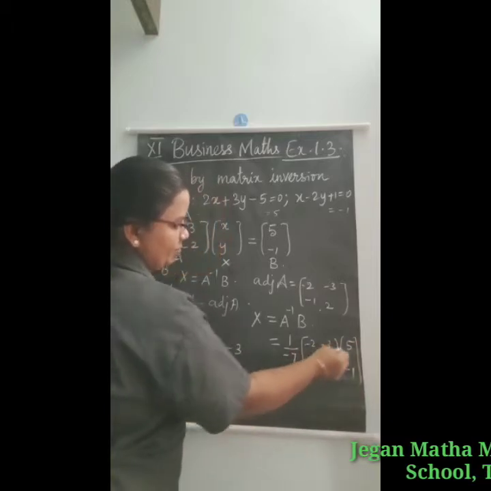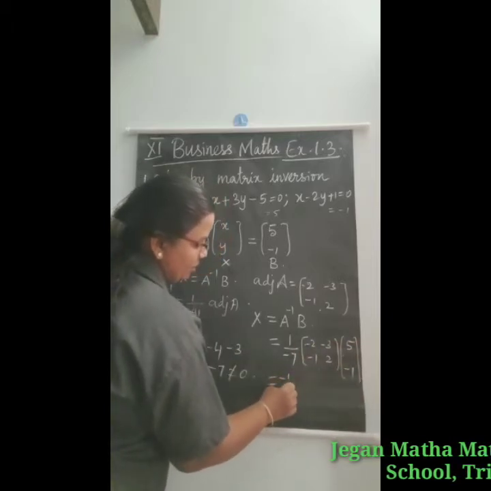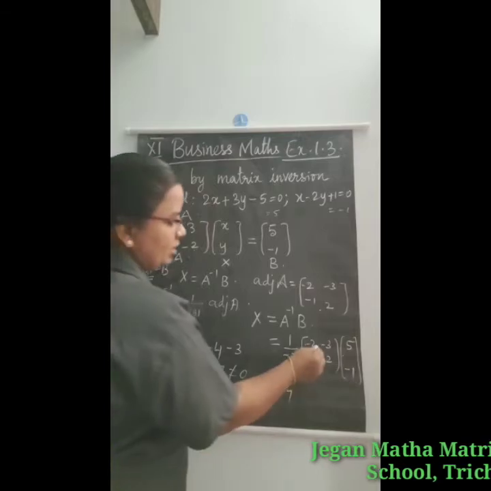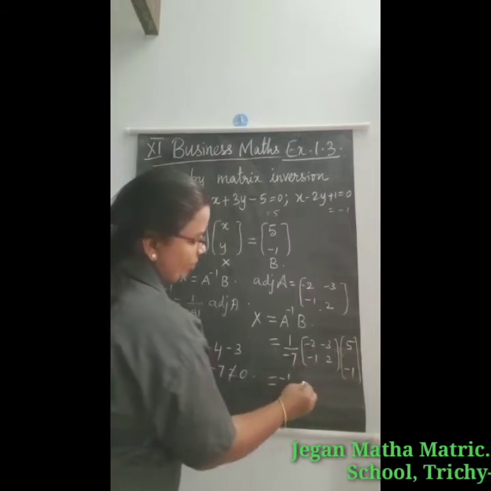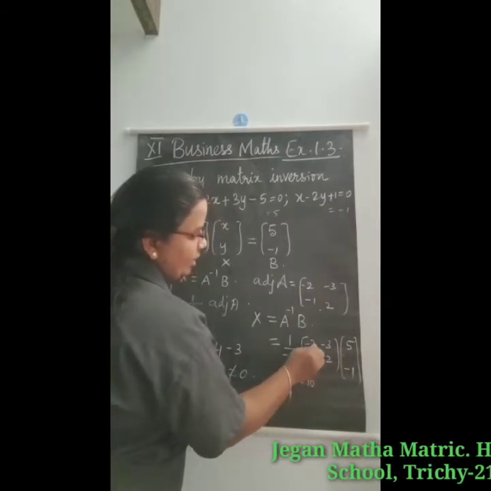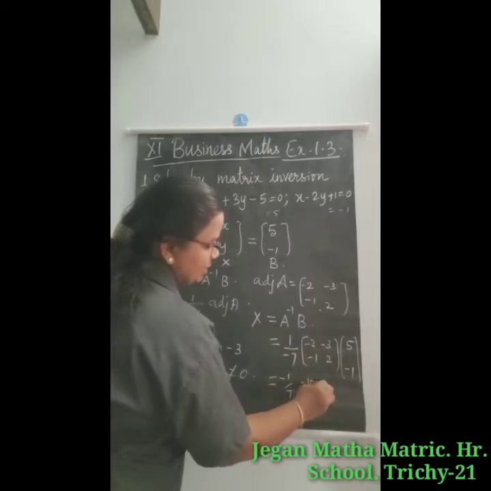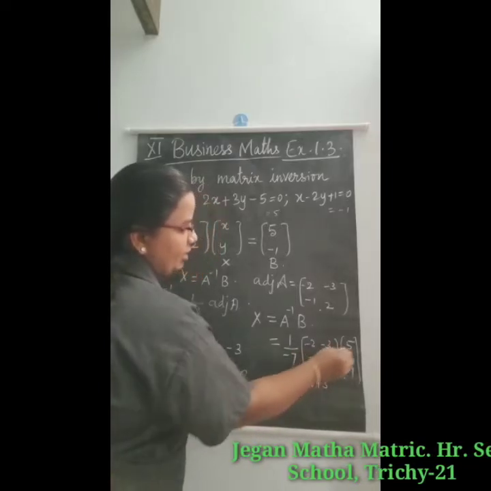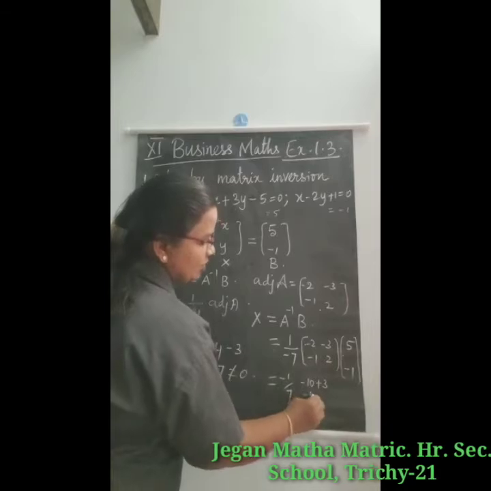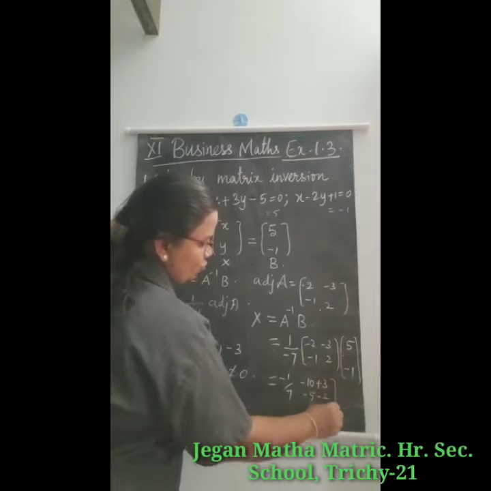Now we have to multiply these two. Here minus 2 into 5 is minus 10. Here minus of minus gives plus 3. Here minus 1 into 5 is minus 5, and minus 2.